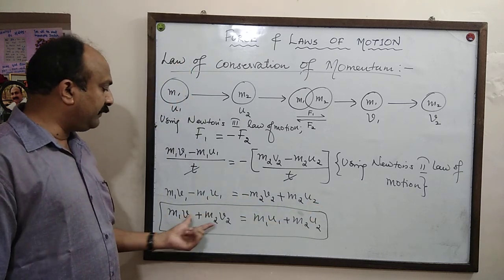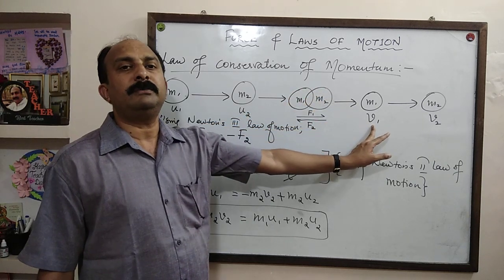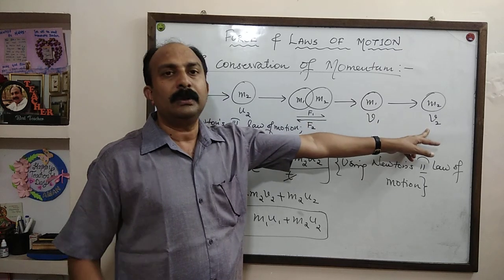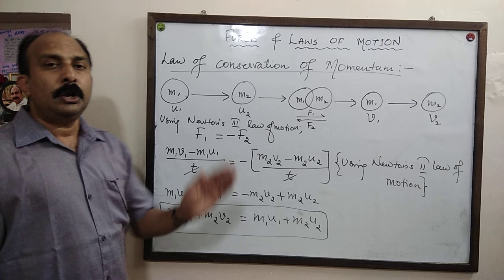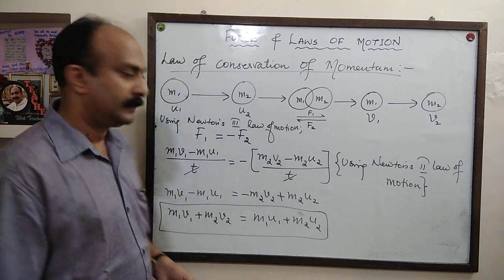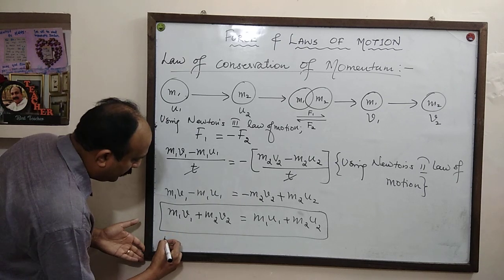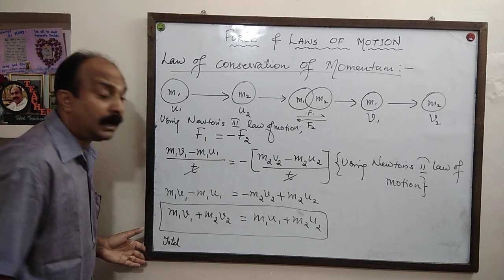What is m1 v1 plus m2 v2? m1 v1 is the final momentum of the first body, m2 v2 is the final momentum of the second body. So plus means what? Total momentum of the two bodies after collision. So total momentum, the plural of momentum is momenta.